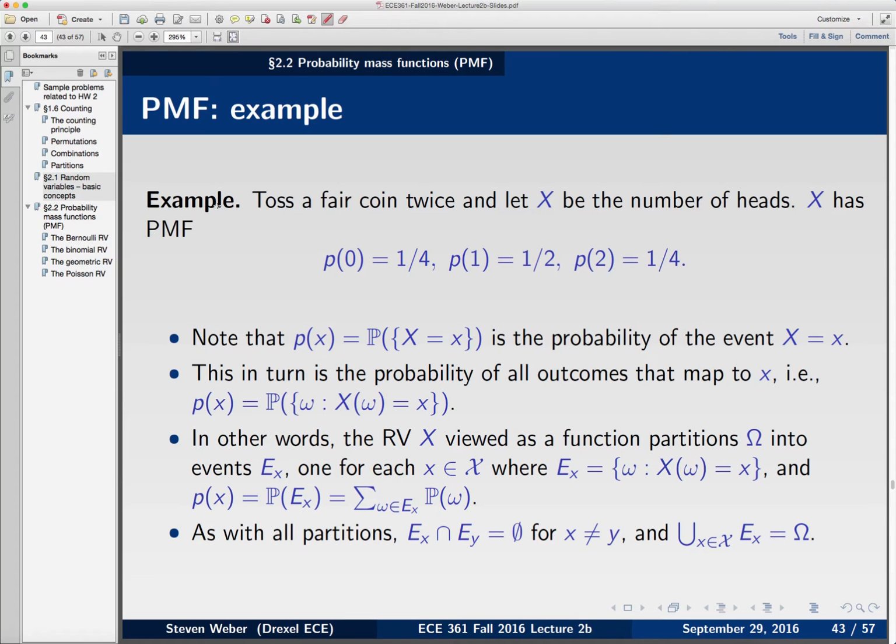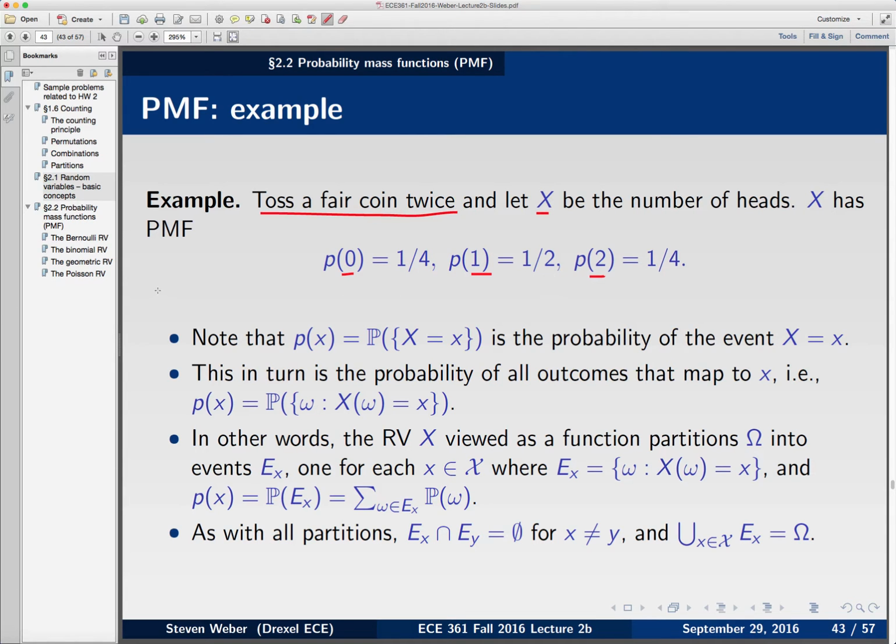Let's do an example. We toss a fair coin twice, and we let the random variable X be the number of heads. So the support of that random variable is 0, 1, or 2. We're mapping the outcomes, heads and tails, tails and heads, tails and tails, and heads and heads. Those four outcomes are mapped to the three values 0, 1, or 2.